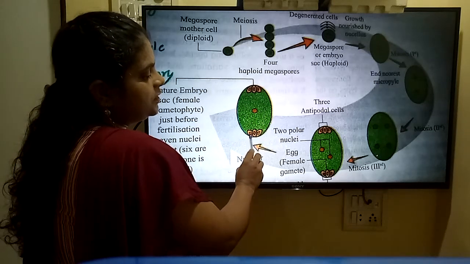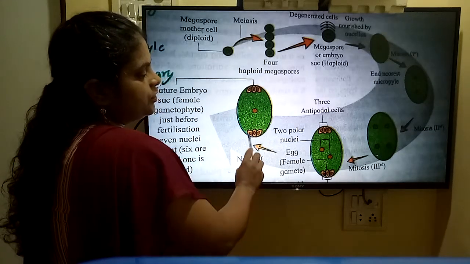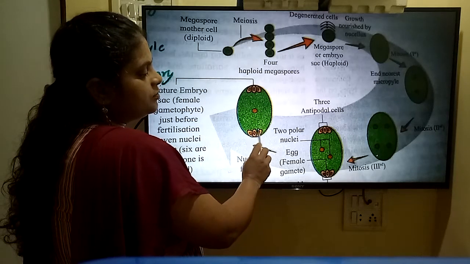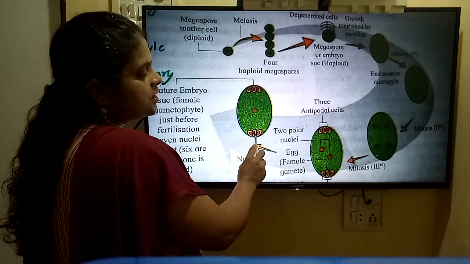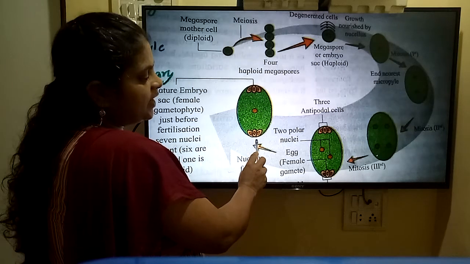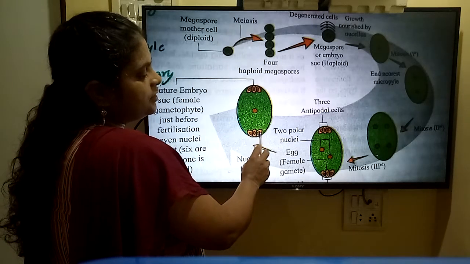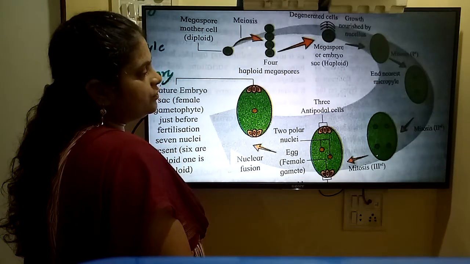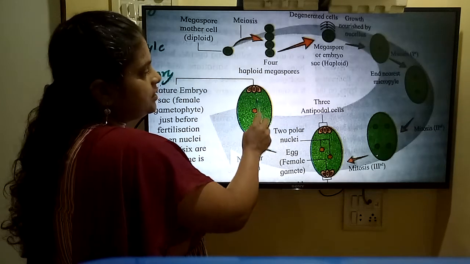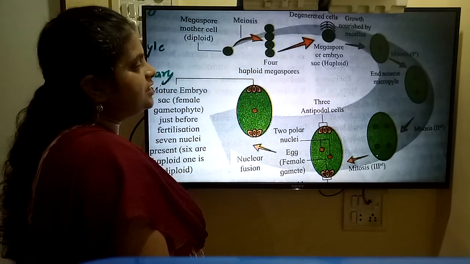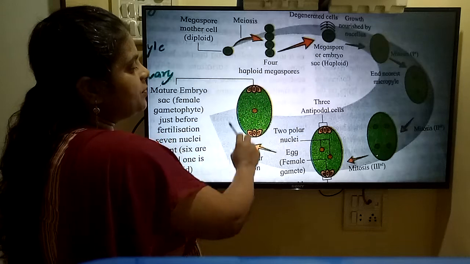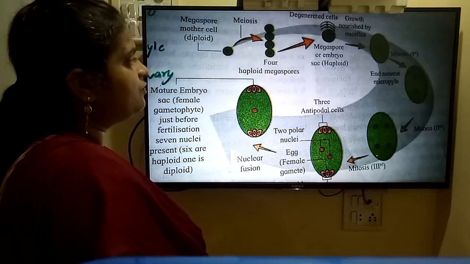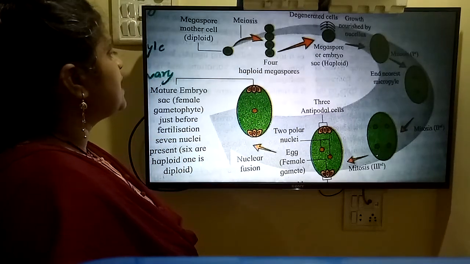The 3 nuclei form cells: at the center is the egg cell, these 2 are the supportive synergid cells, and these 3 are the antipodal cells. So this is the development of the female gametophyte, that is, the embryo sac.